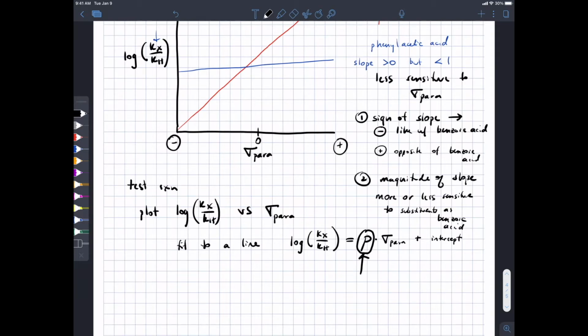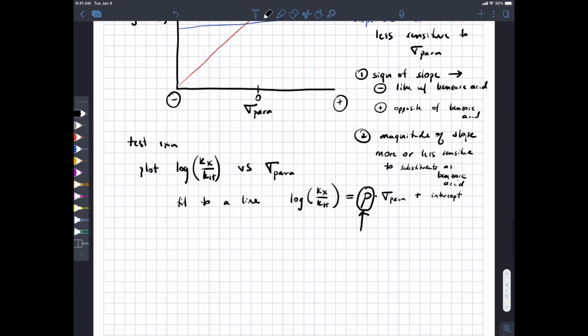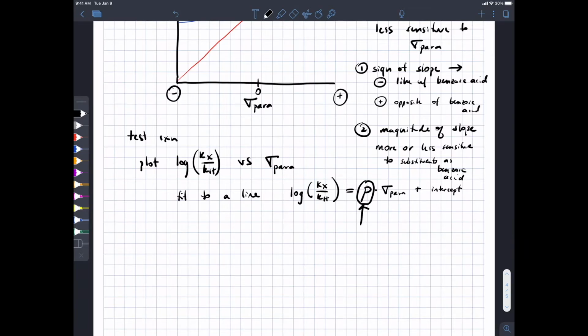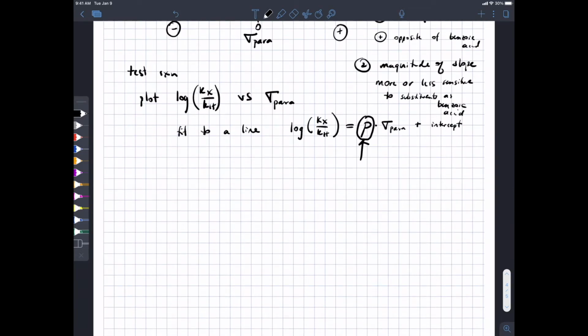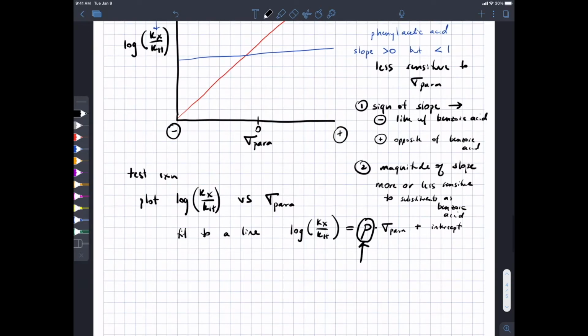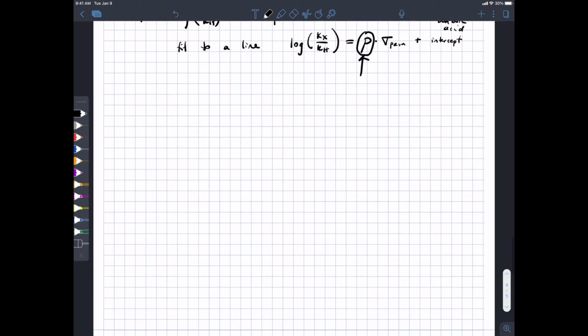So let me show you an example of a reaction that you would expect to be sensitive, but to the buildup of positive charge. Before we go on, anything you want to ask about that? All right, so let's take some substituent there. Let's put a phenyl group here, a hydrogen there, and a chloride there.